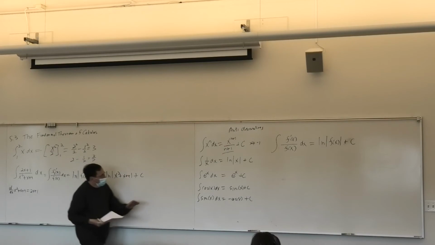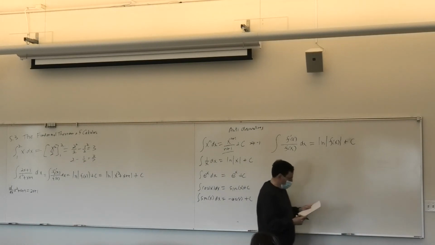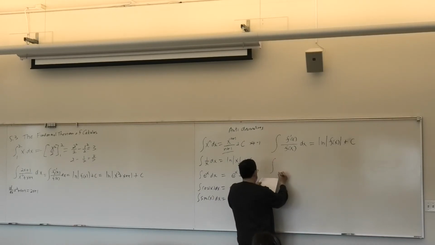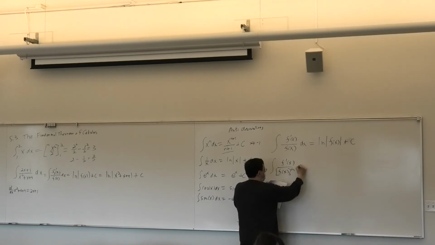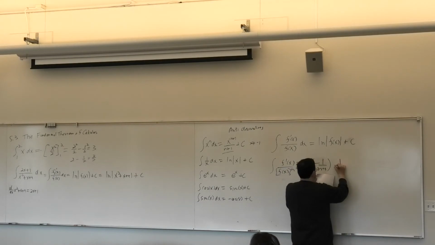Now you can extend this pattern a little bit. You notice that f prime of x over f of x to the n just becomes negative 1 over n minus 1 times 1 over f of x to the n minus 1.